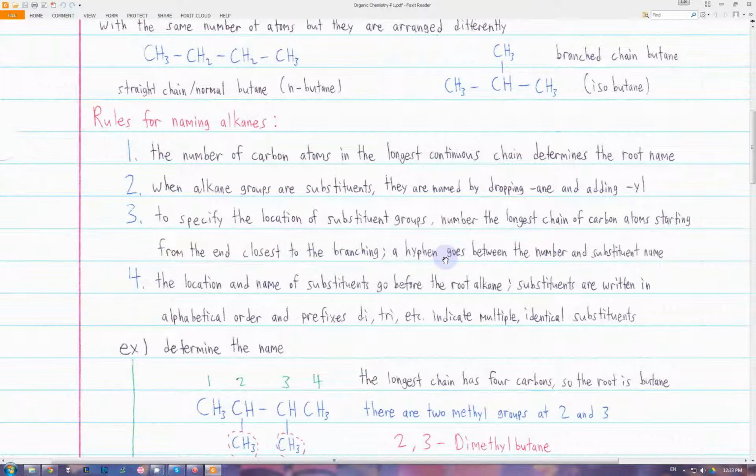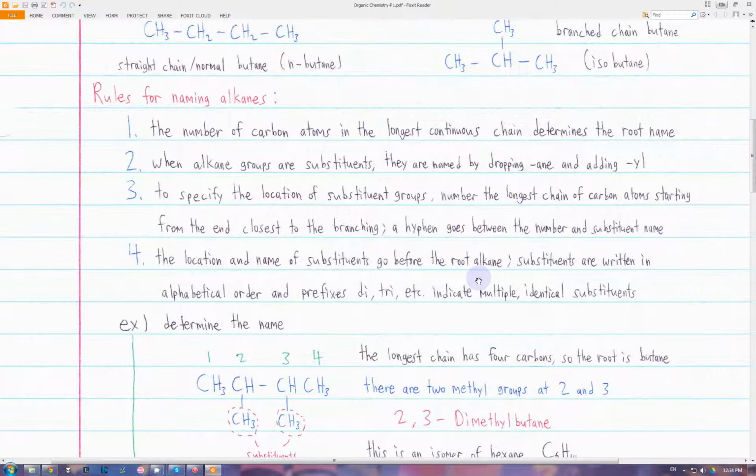And then we put a hyphen between the number that indicates the location and the name of the substituent. And in the entire name, all of the substituent names and locations go before the name of the root alkane. And if we have more than one substituent, we write them in alphabetical order. Or if they're identical substituents, we use prefixes: di, tri, and so on.